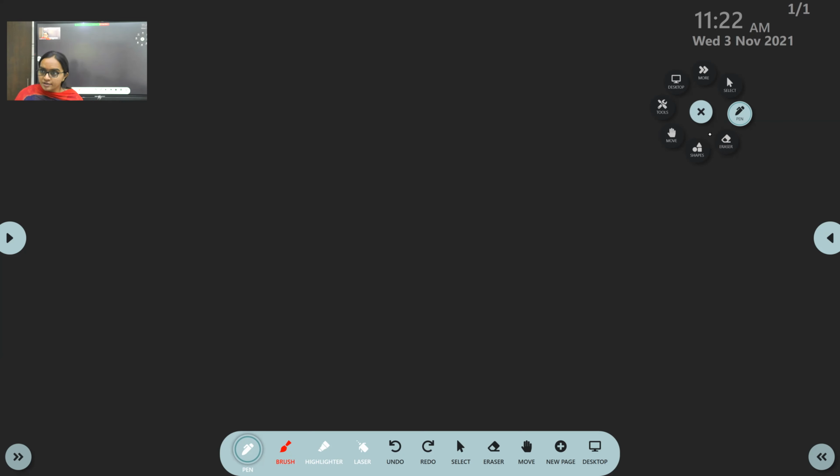Which is the gas which comes out of the vehicles? Nitrogen dioxide, sulfur dioxide, carbon monoxide and dioxide also. Carbon dioxide or monoxide? Carbon monoxide. What is the difference between carbon monoxide and carbon dioxide?